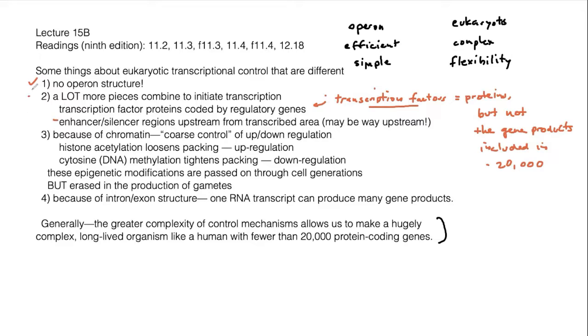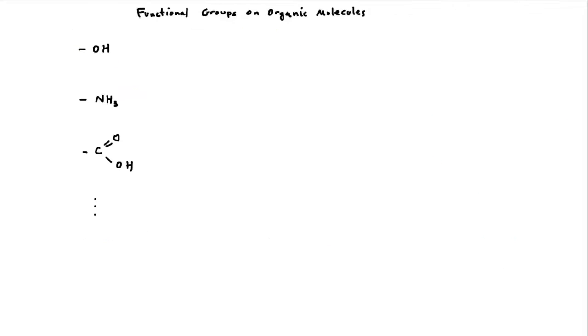Okay, so I've done all parts of 1. Now we need to go into item number 3, course control of transcription. And before we actually get there, I want to put a little reminder way back in Unit 1, when we're first struggling with chemistry. We were thinking about different kinds of functional groups on organic molecules.